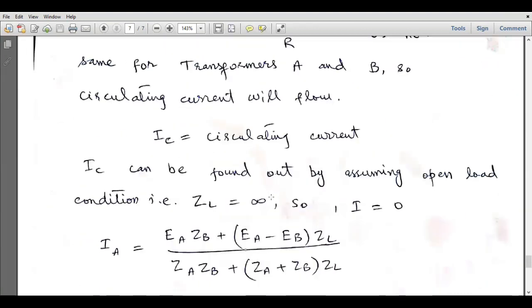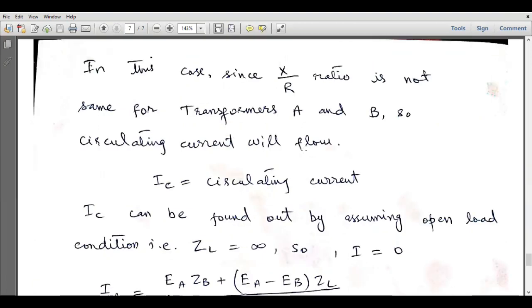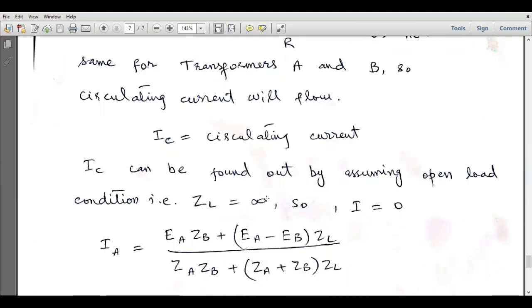So in this case, the load current I will be equal to 0, and ZL will be equal to infinity.